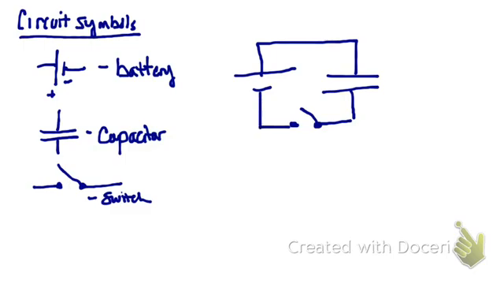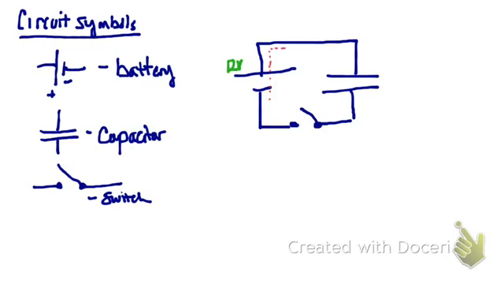We'll say this is a car battery, and a standard car battery is 12 volts. Whenever we go across, we go for a walk. This is our voltage walk.